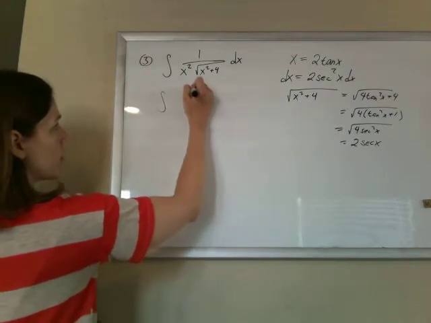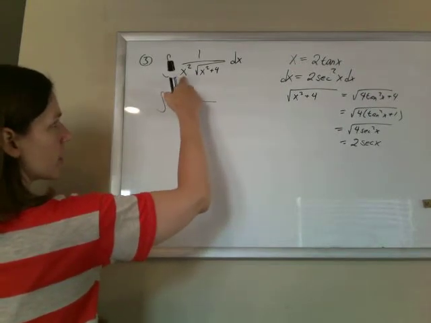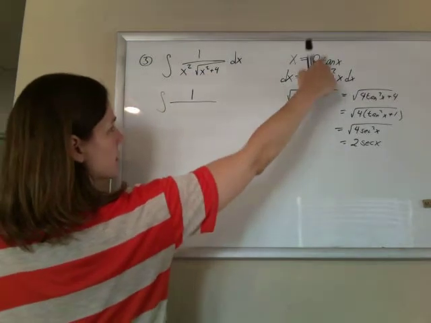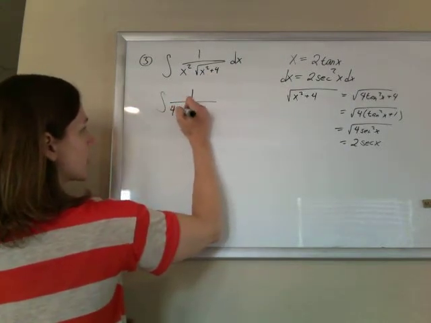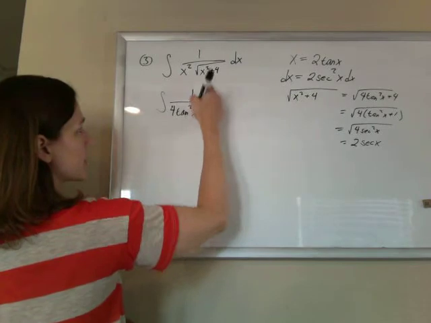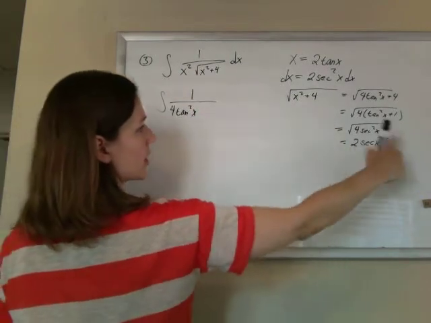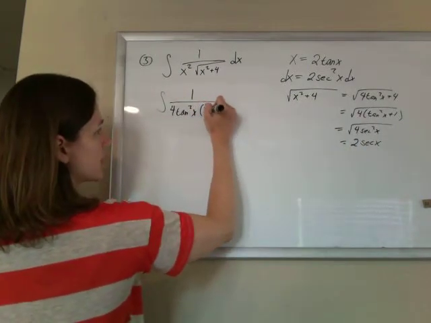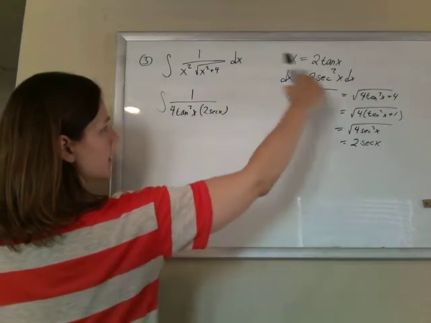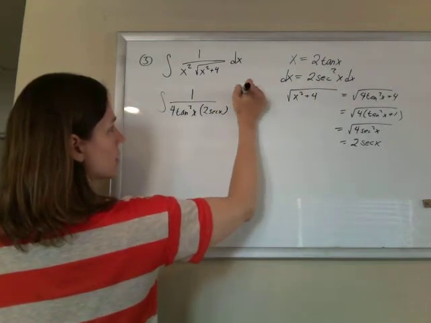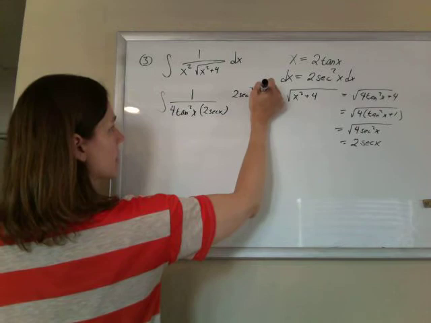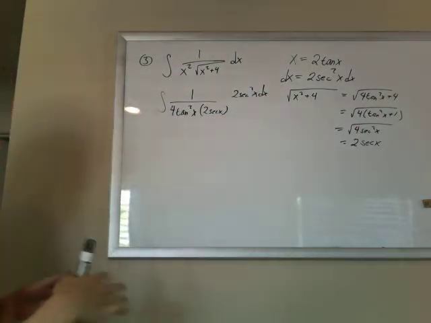So when I rewrite everything, 1 over x is 1 over 2 tangent θ, so this is 4 tan squared θ. This square rooty part ended up being 2 secant θ, and then the dx is 2 secant squared θ dθ. So everything has been substituted.